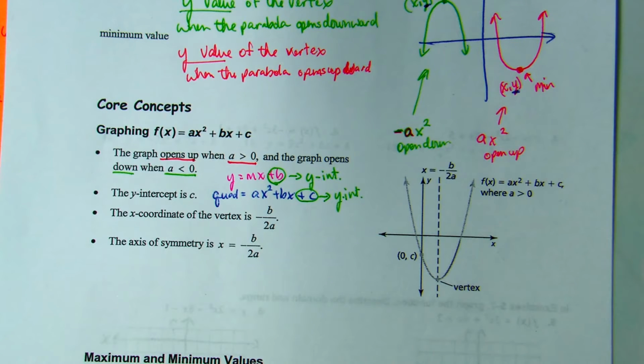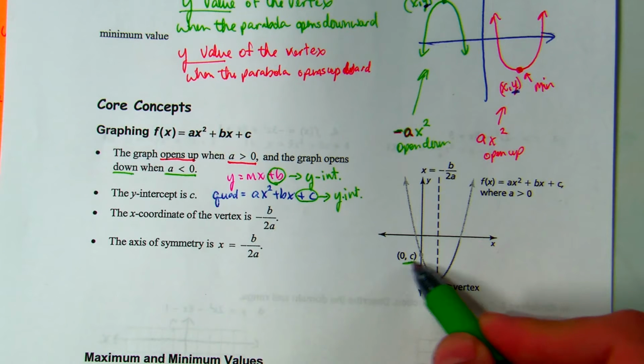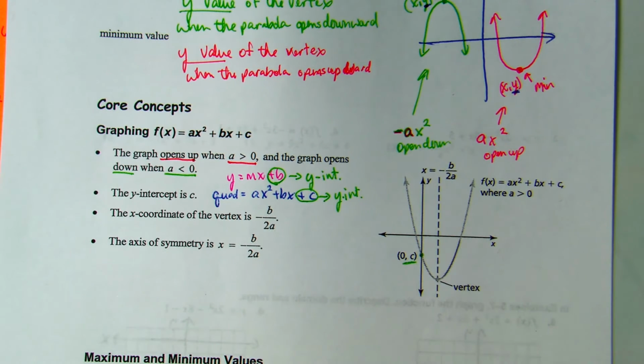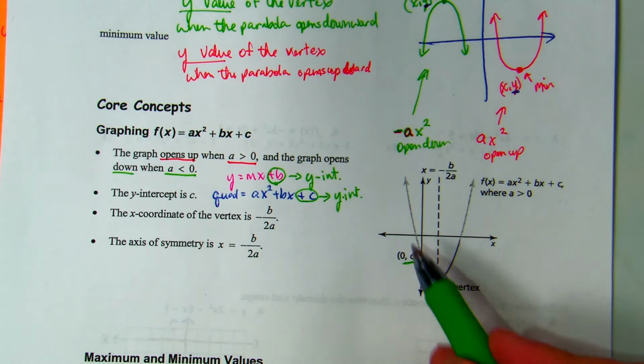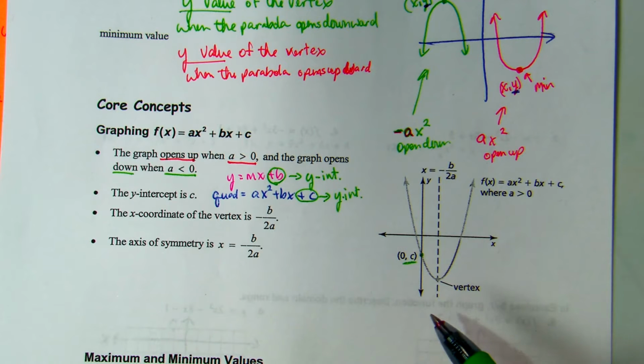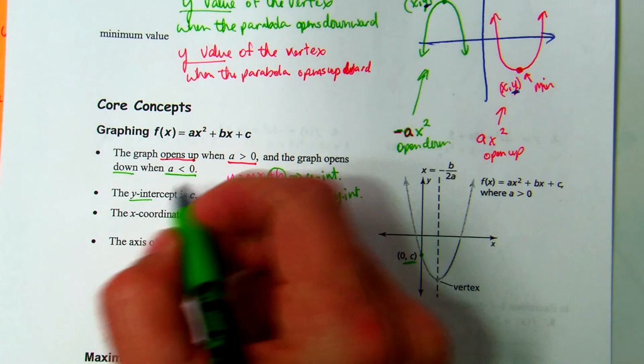It's still where the graph is going to cross the y-axis. So that's one thing that can help us when we're looking at graphing in relationship to the equation or the function itself. So the y-intercept is still the c.